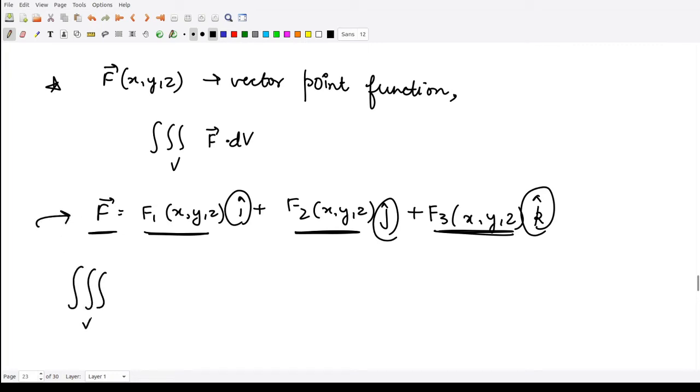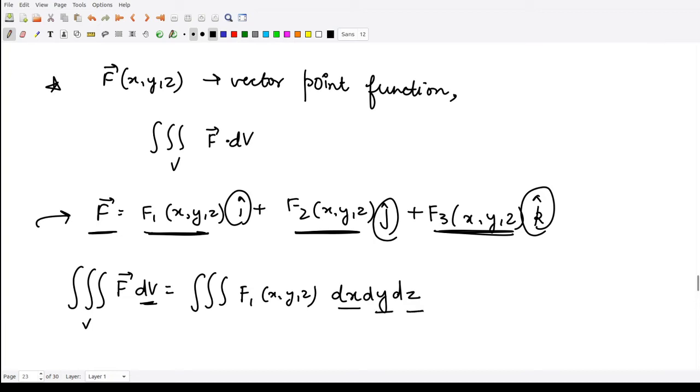So what would be the volume integral for this particular vector? It could be defined by taking the volume integral of these individual components. So it would be the volume integral of the first quantity f1, which is a function of x, y, z, and instead of writing dV, now I can write dx dy dz, right? That means I'm expanding this dV in terms of the Cartesian coordinates x, y, z, times i cap.